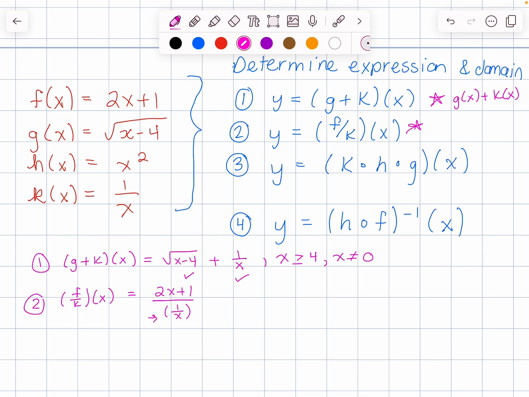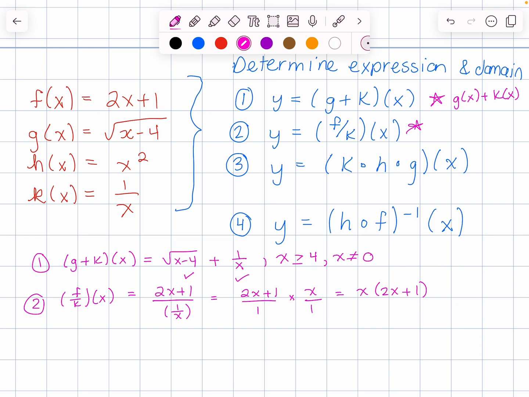The only way that your denominator could be 0 is if x is 0. So we see a restriction right there. This is going to equal 2x plus 1, and you can think about it being over 1, times the reciprocal, so times x over 1. So this is going to equal x times 2x plus 1. And we can leave it there.